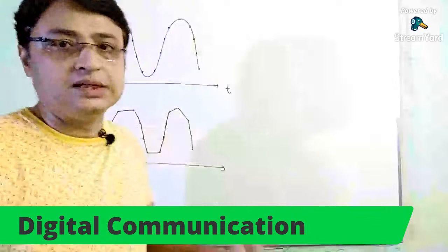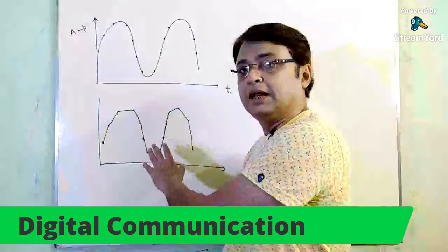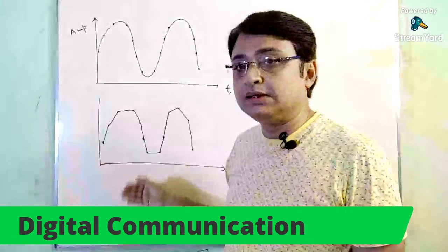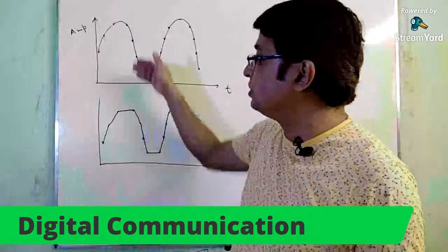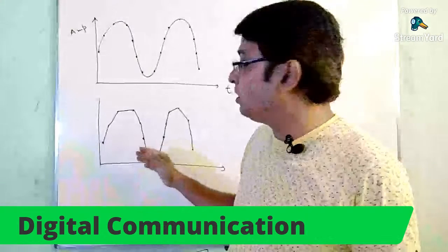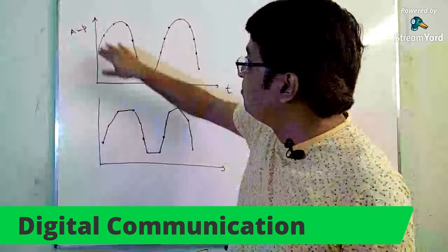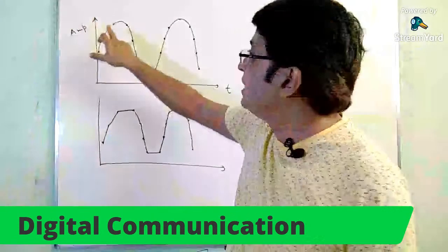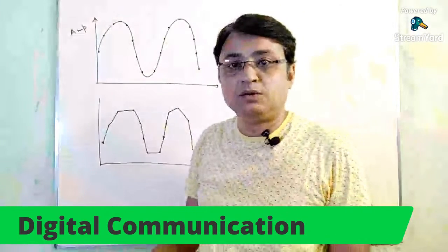Now, if you consider this is the original signal, or the signal which I have obtained after sampling, you may think that this is the replica. No, this is not the replica, because this signal and this signal differ in some amplitude values. If the information lies in the amplitude of this signal, then we missed it.